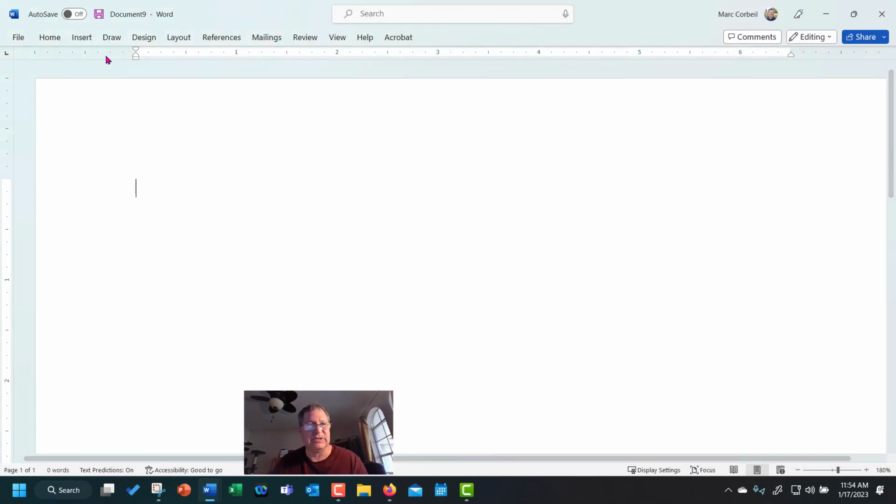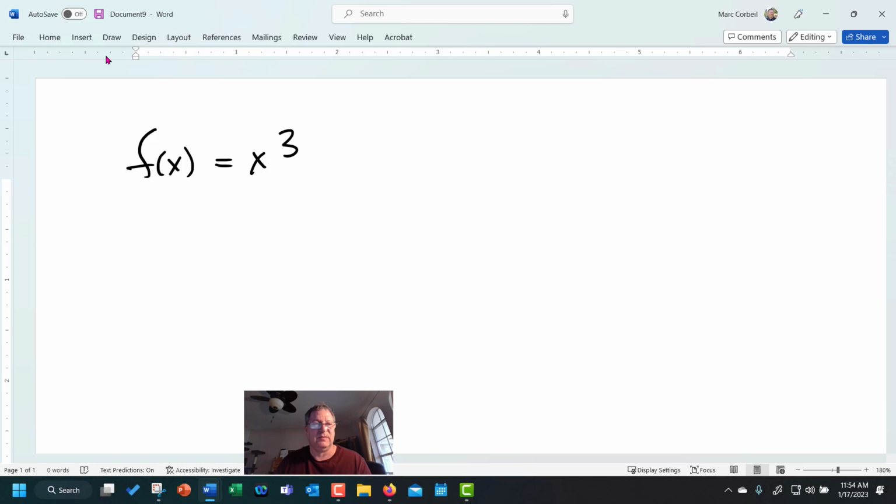So we're going to do f of x equals x cubed, and we'll find the derivative of that. So we'll do the same thing. We'll write the definition of the derivative. f prime of x is equal to, as usual, the limit as delta x goes to 0. Obviously, in the future we're going to want to find a shortcut to this, but we'll go ahead.